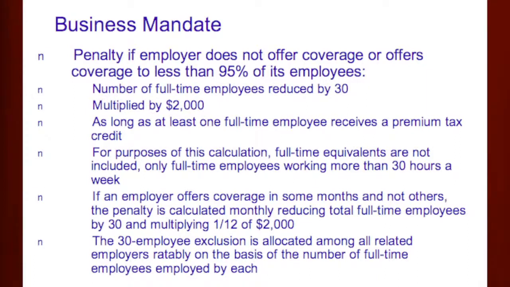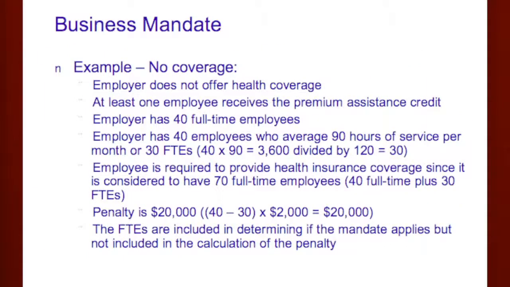And so in the example, we had 40 full-time employees. We were over the 50 when we considered the full-time equivalents. So we have to provide coverage for the 40. If we don't, the penalty is based on that 40 less 30, 10 employees times 2,000, so the penalty to the employer would be $20,000.